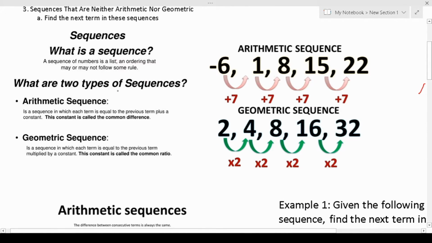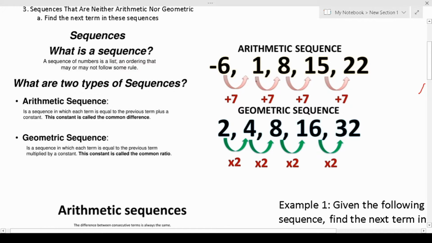So as you can imagine, there's more than two types of sequences, but the main types of sequences that you encounter are called arithmetic and geometric sequences.